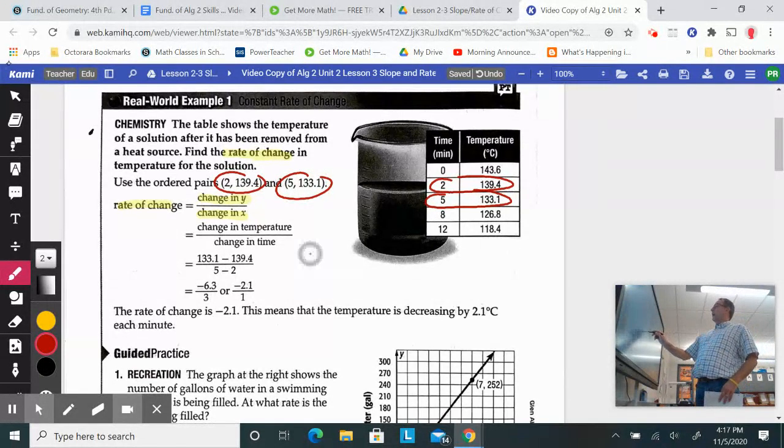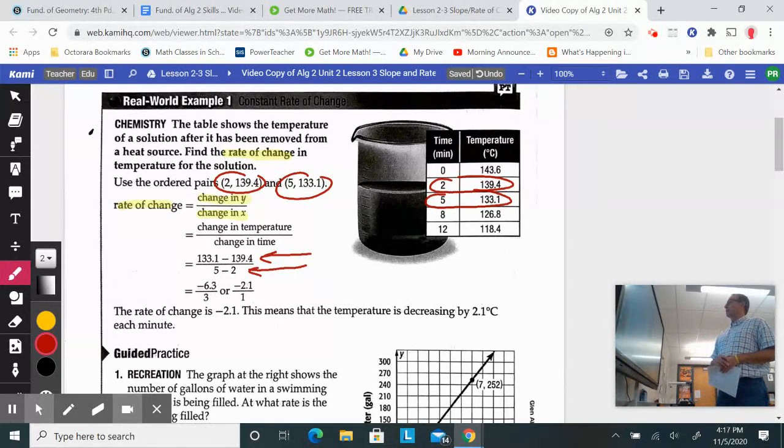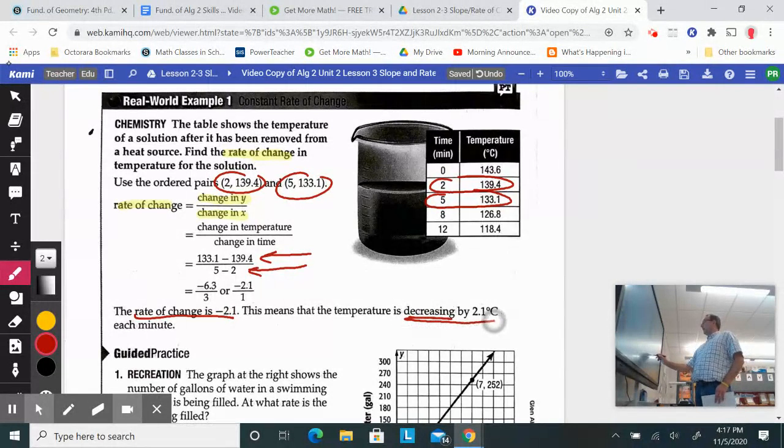So you find the change in the y's, you subtract the temperatures, and you subtract the x's, the change in the x values. And notice, it's a negative change. The rate of change is negative 2.1. What does that mean? A negative change would be a decrease of 2.1 degrees Celsius per minute. Every minute, it drops 2.1 degrees Celsius.